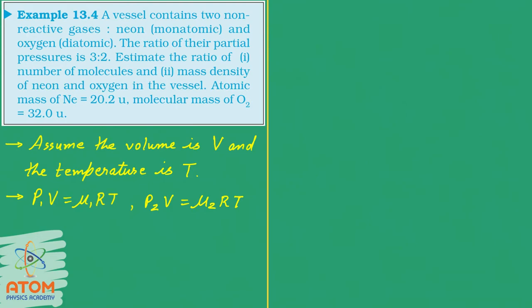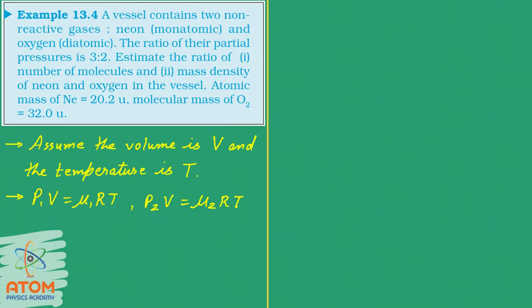So partial pressure means the pressure of the individual gas if it is taken in the same volume V and the same temperature T. That's why for the first gas we can write P1V is equal to mu1 RT, and for another we can write P2V is equal to mu2 RT. Obviously, here mu1 and mu2 are the mole numbers of both the gases.